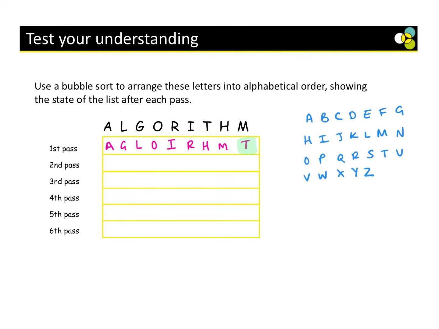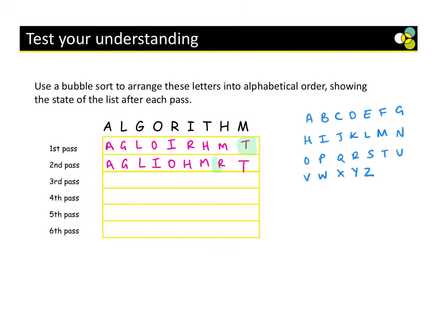Now, this is after our first pass, okay? Then again, A and G is fine. G and L. Yeah, G comes before L. L comes before O. I comes before O. O comes before R. H comes before R. M comes before R. Whew, okay.